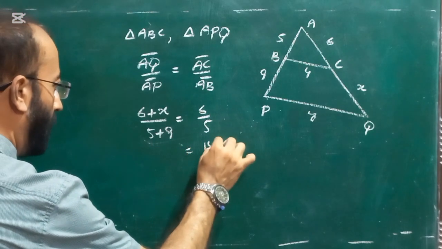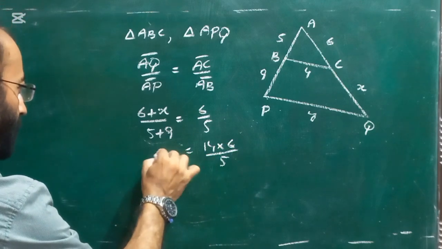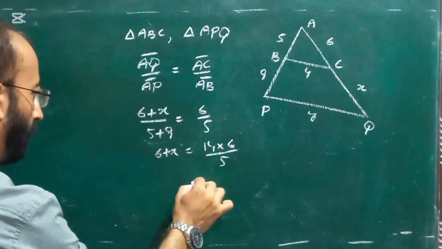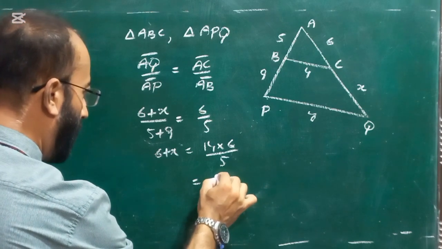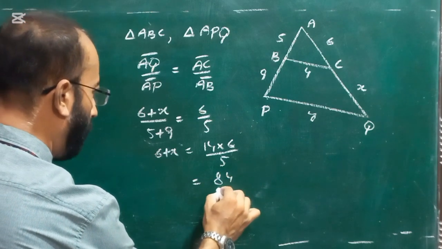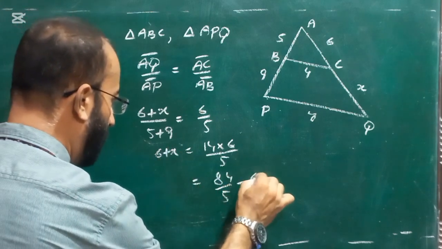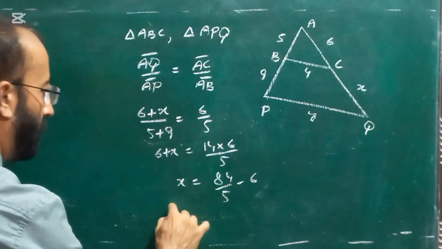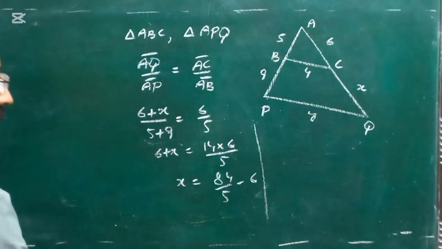So 14 multiplied by 6 over 5 will be equal to 6 plus X. So 6 fours are 24 and 84 over 5. This 6 will be subtracted from it, so it will be equal to X. So this will be the answer of X.